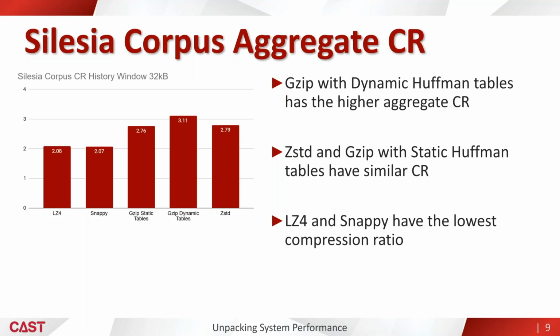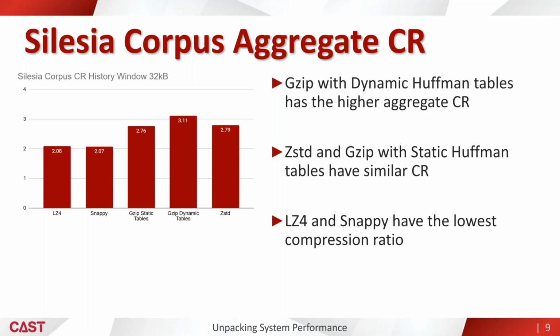We configured the software to use the same history window of 32 kilobytes for all these different algorithms in order to have an objective comparison, because all these algorithms have a different maximum size of the history window, which is the part of the file that you can search for redundancies, as we said before. And having the same history window makes the comparison more objective.